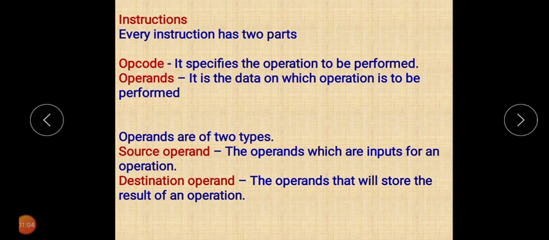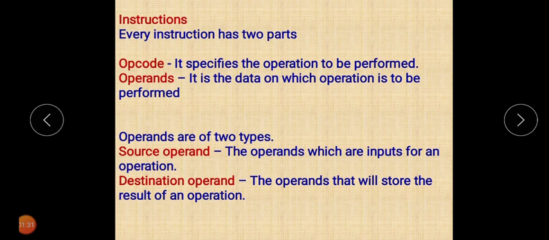Then comes instructions. Every instruction has two parts. One is opcode, the other one is operands. What is an opcode? It specifies what type of operation has to be performed on the data. Operands are nothing but the data on which the operation is to be performed.